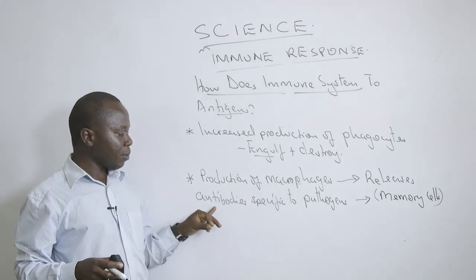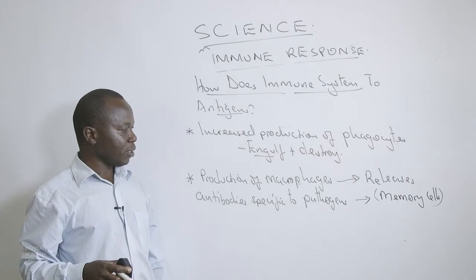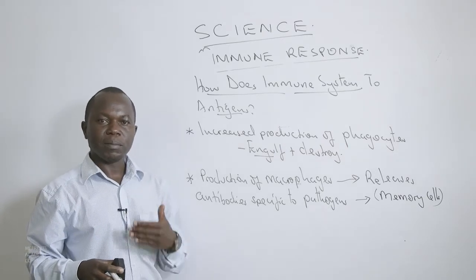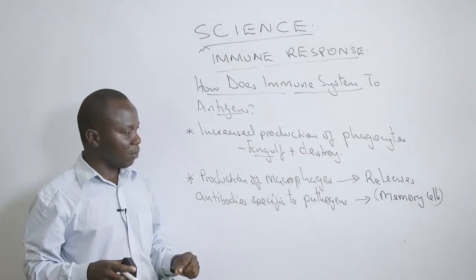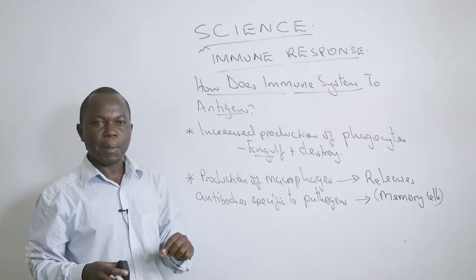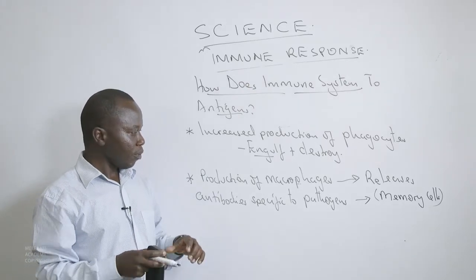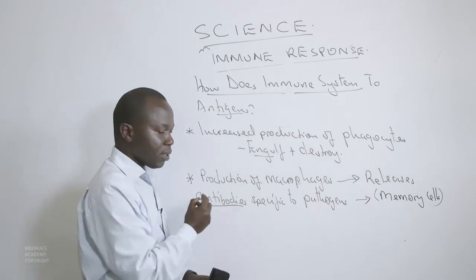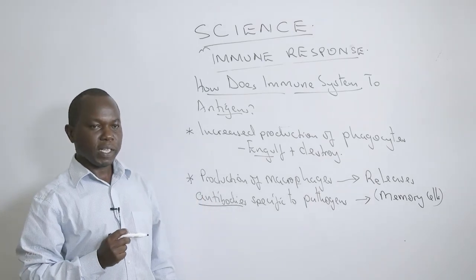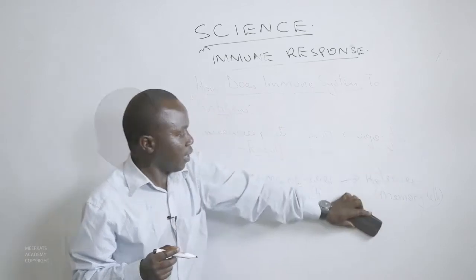The body will produce even more antibodies to fight against measles, and you cannot even develop the symptoms of the same measles. So we want to find out some types of antibodies as we move on and how they work.